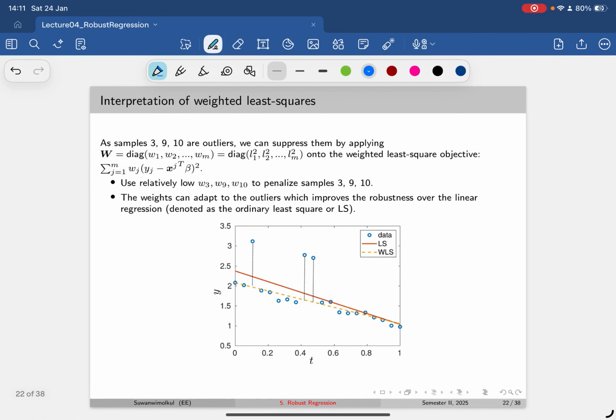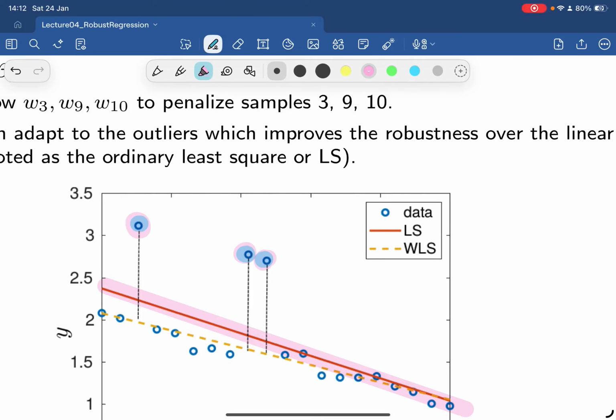Right, the next algorithm, in fact, this is an example. Let's say we know that this point is identified as an outlier by maybe the hat matrix or Cook distance. Let's say we choose to keep this outlier and perform the normal linear regression using just the normal least square optimization, you will get the line such as the red line here.